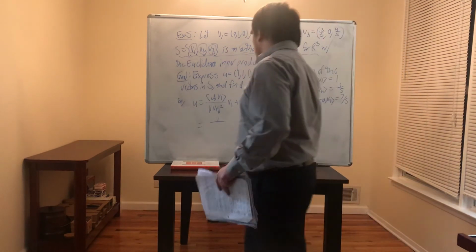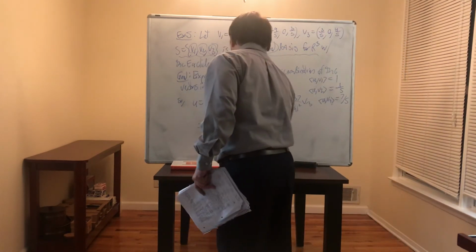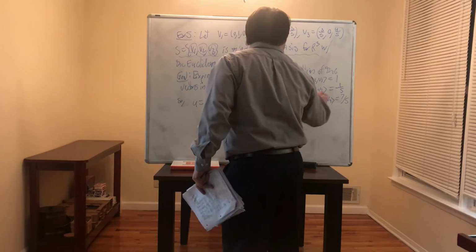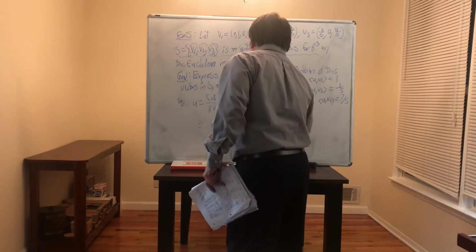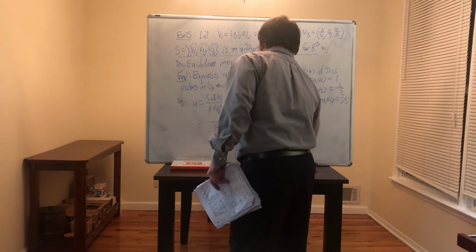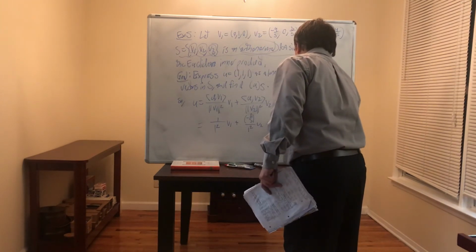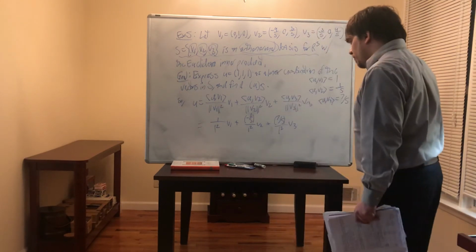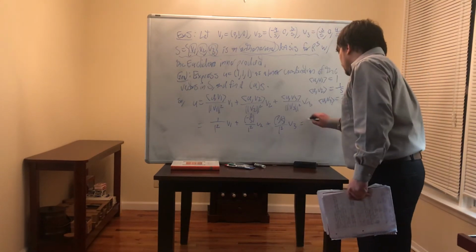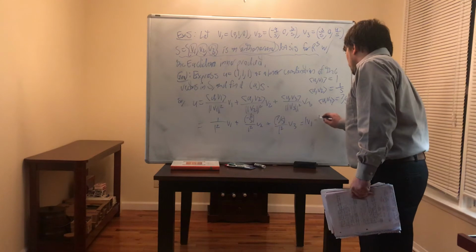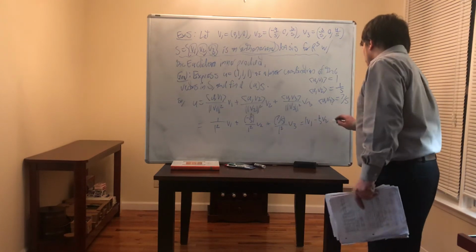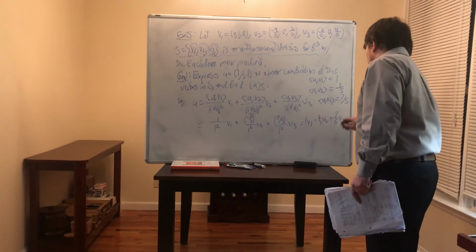The length of everything is 1. So it's 1 over 1 squared v1 plus negative 1/5 over 1 squared v2 plus 7/5 divided by 1 squared v3. And that's equal to 1 v1 minus 1/5 v2 plus 7/5 v3.